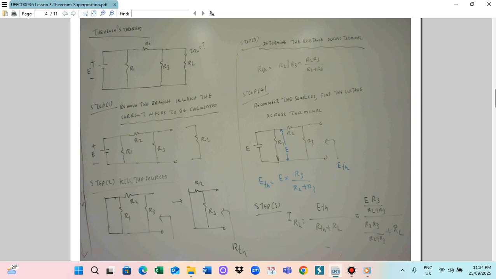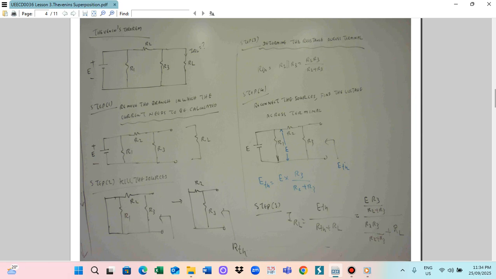So you have R2, this is R1, and this is R3. By removing it, you can see what will happen. R1 is bypassed. Short circuit bypass means R1 will not appear. The only things left are R2 and R3.